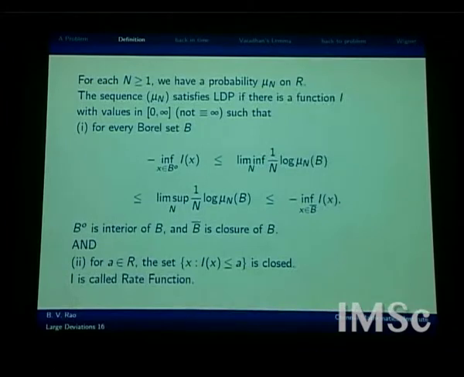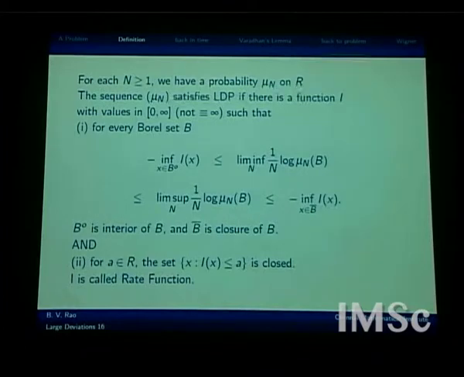The sequence mu n satisfies the large deviation principle if there is a function I with values in the interval 0 to infinity, the value infinity is allowed and not identically infinity, such that for every Borel set B, the lim sup of 1 by n log mu n of B should be smaller than minus the infimum of I over B closure.